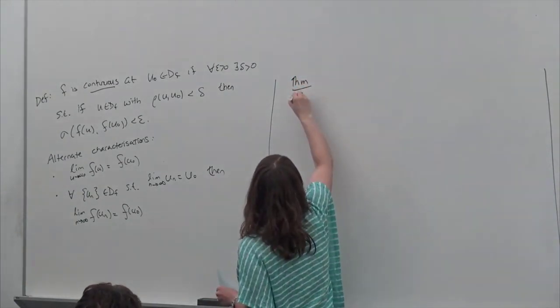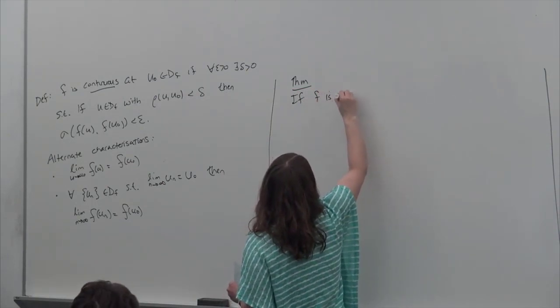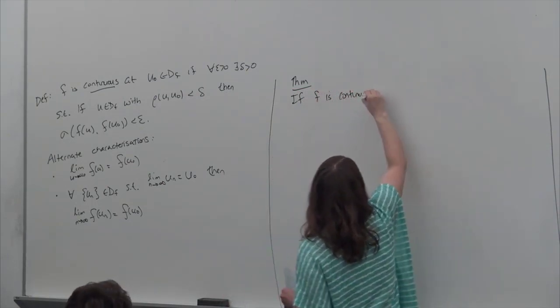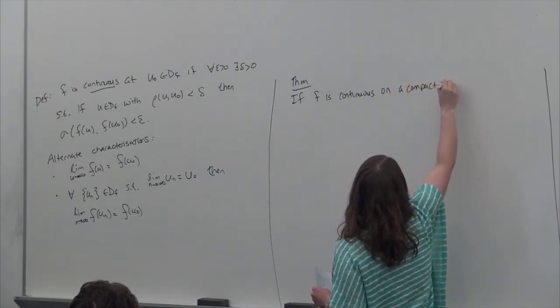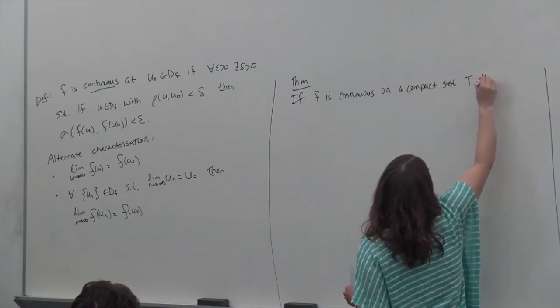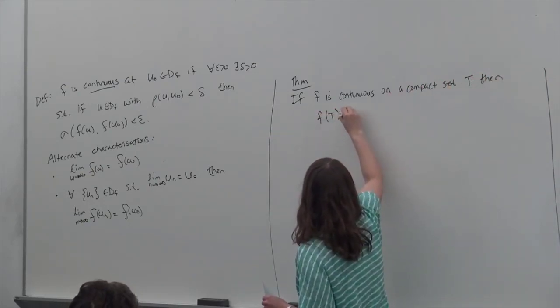Okay, so our first key result here is that if f is continuous on a compact set, then the image of this set is also a compact set.